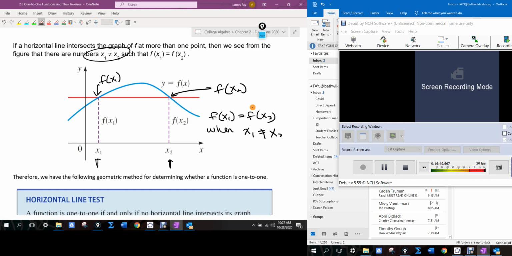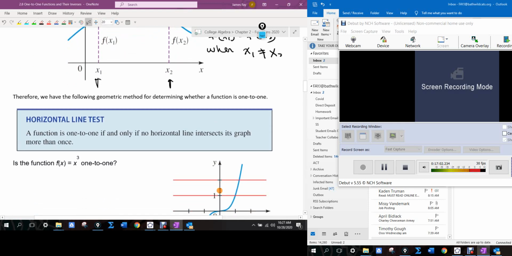So the horizontal line test is the tool that we're going to use to determine whether we meet the condition of being 1 to 1. That's what this says down here. It says a function is 1 to 1 if and only if no horizontal line intersects the graph more than once. Okay?